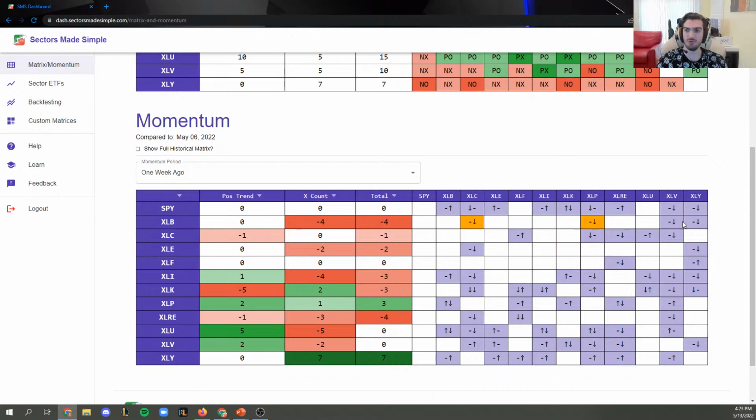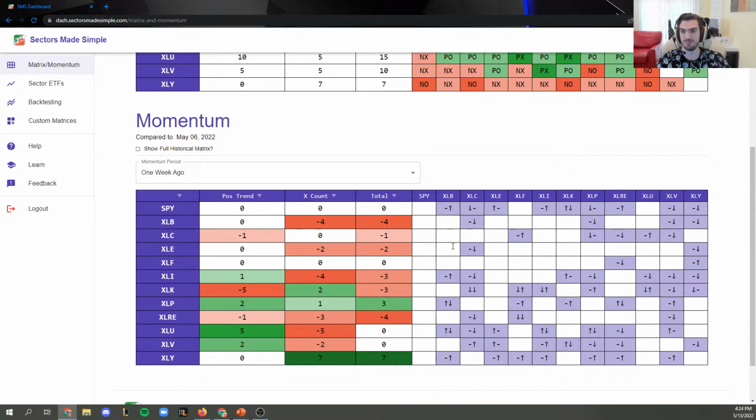Materials, it only had 4 changes, and those 4 changes were all negative. Communications, we had 1 long-term down, 2 short-term up, 2 short-term down.